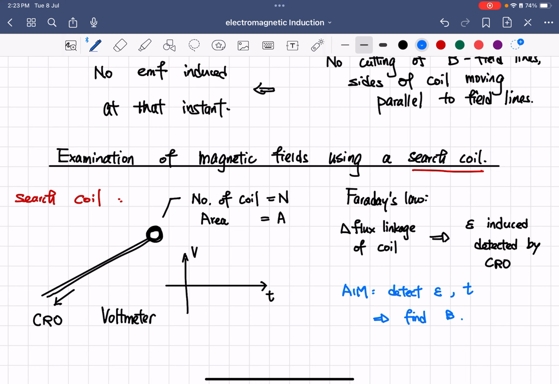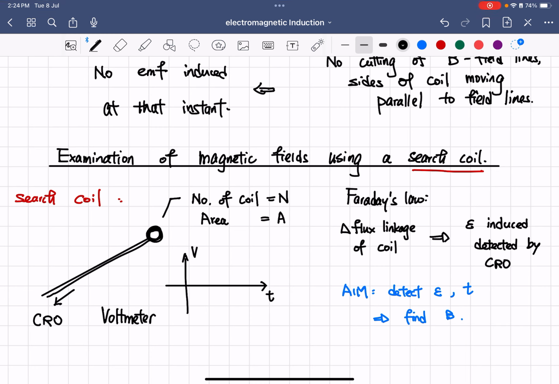Now, I think this is not a very common apparatus in a secondary school, because not many schools have the CRO, and teaching students to use a CRO is also quite time consuming.